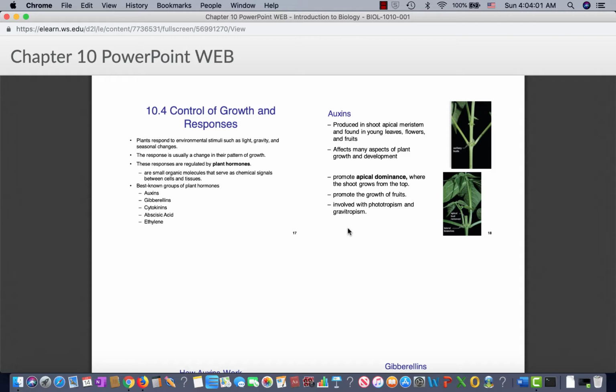Tropism means movement. Phototropism is moving to or away from light, though I cannot think of any plant that moves away from it, so just associate phototropism with moving towards light. And then gravitropism: plants typically move opposite gravity.